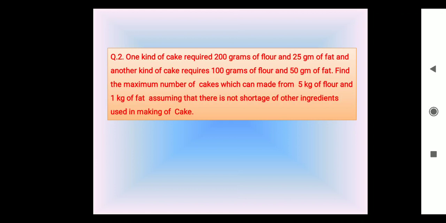Here, a person wants to maximize the number of cakes which can be made from 5 kg of flour and 1 kg of fat. Here we have two types of cakes. One cake requires 200 grams of flour and 25 grams of fat. And there is one more kind of cake that requires 100 grams of flour and 50 grams of fat. By observing the data, we have to formulate a linear objective function as follows.